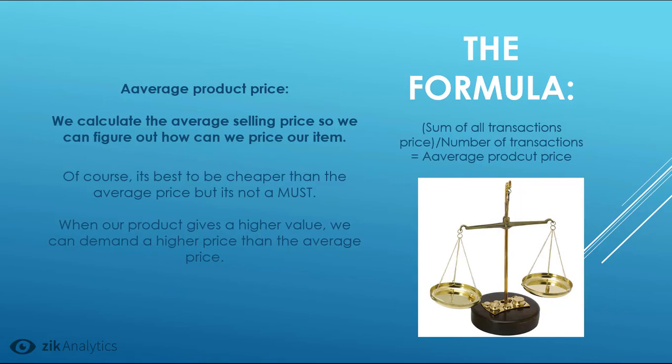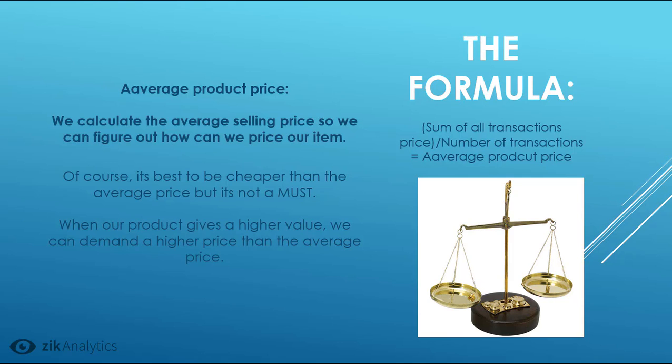The next and last thing we have right here is the average product price. The formula is the sum of all transactions divided by the number of transactions, and you get the average product price. For example, take a niche or product, never mind which.